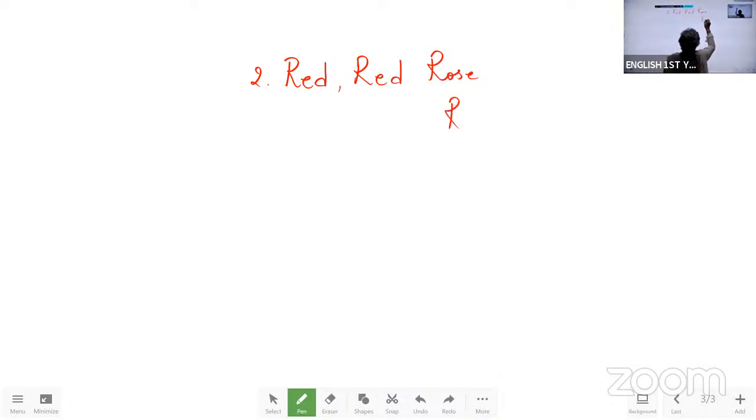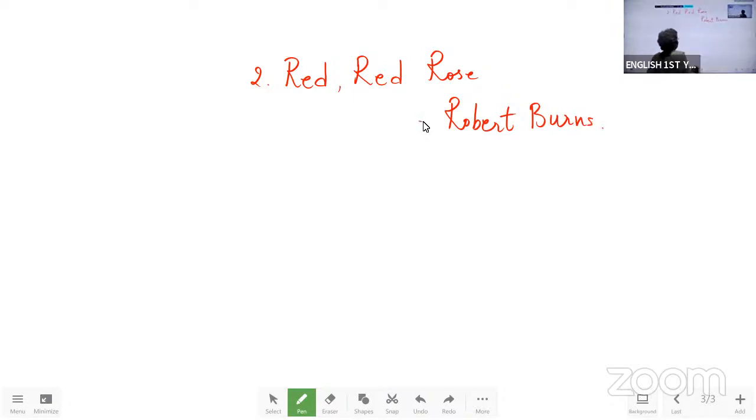Now going on to the next, the second is The Red, Red Rose, written by Robert Burns. This is a very, very simple poem.